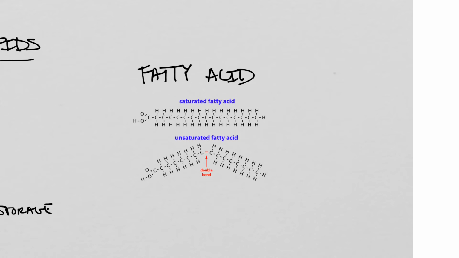We'll talk a little bit more later about the implications of saturated versus unsaturated for the structure and the function of the fatty acids. But for right now, all you need to know is that there are saturated and unsaturated fatty acids, and that the difference is the number of bonds between the carbons.